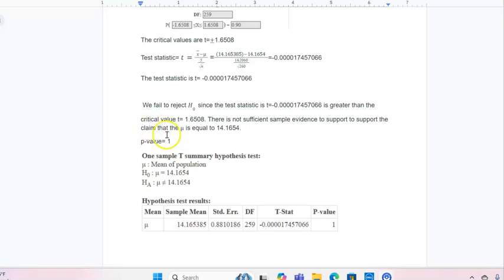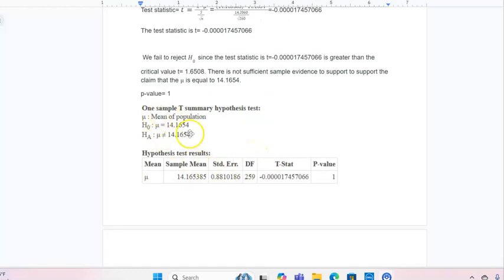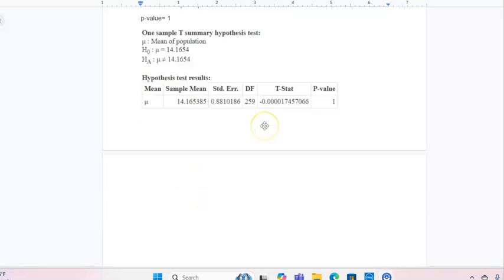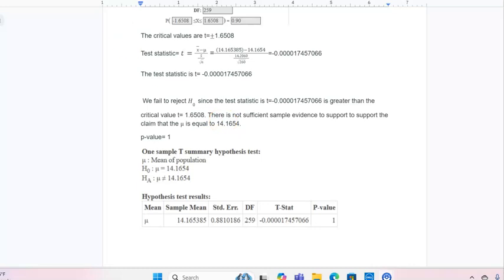We got a p-value of 1, and then right here is our one sample t-test summary. It shows our hypothesis test, and then here are the results. Right here also shows the t-test, and then the variable, the df, the standard error, and the mean. And that'll be everything for our project.